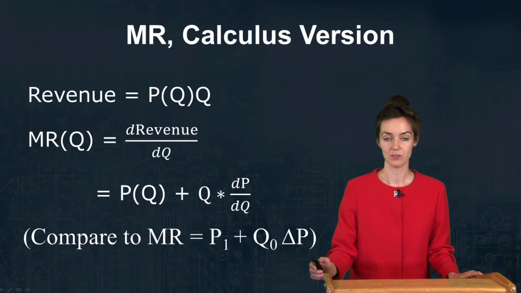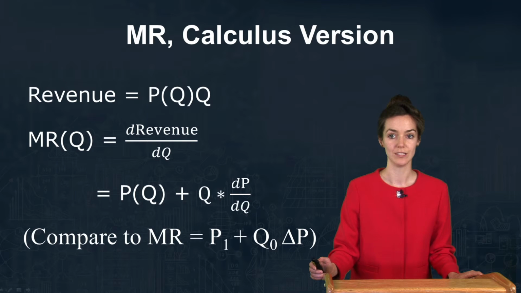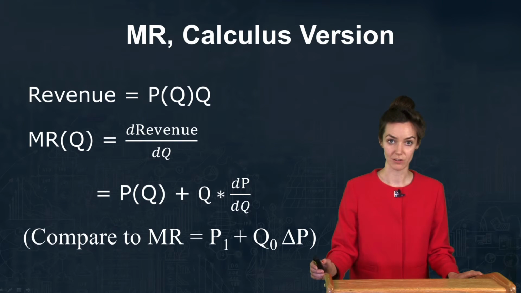So our marginal revenue again is d revenue dQ. Taking the derivative of this will give us P(Q) plus Q dP dQ. This is very similar to what we just showed for the marginal revenue equation based on just the graphical analysis of the gain and the loss. Remember, that was P1 plus Q0 times the change in P.